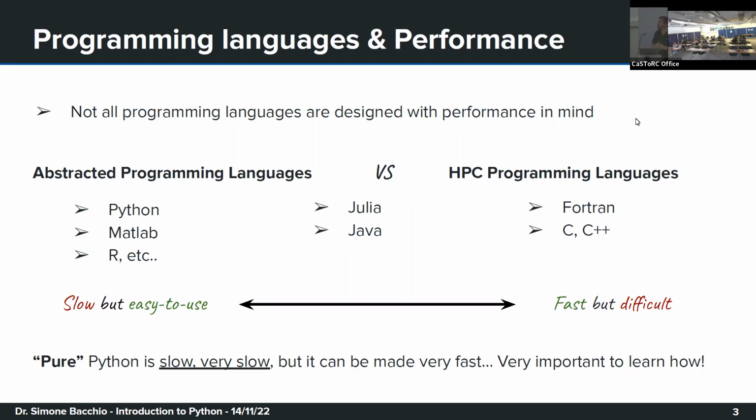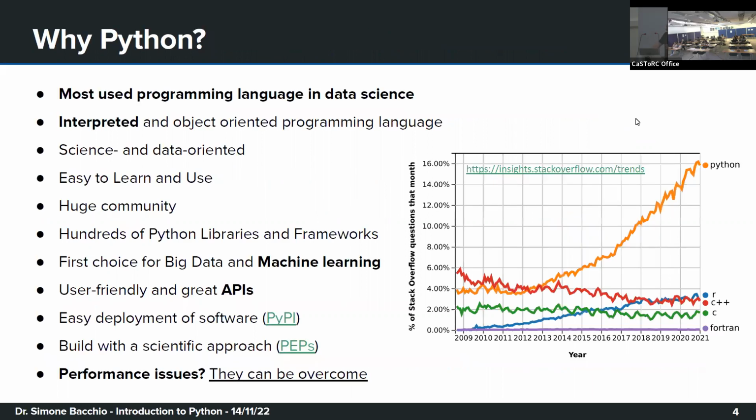So the purpose of the training is on how to use Python for high-performance computing. And indeed, it can become fast. It's not slow, but pure Python, the Python programming language itself, is slow because it's interpreted, for many reasons that we are going to see. And you need to know what to do.